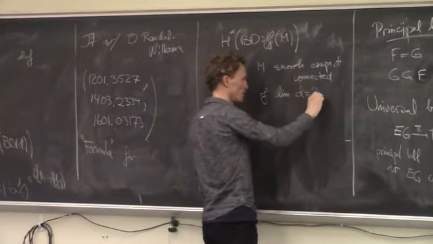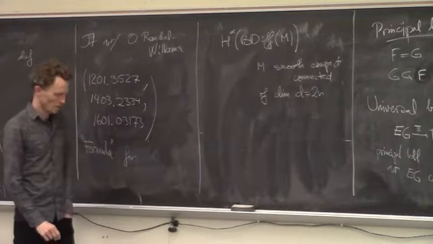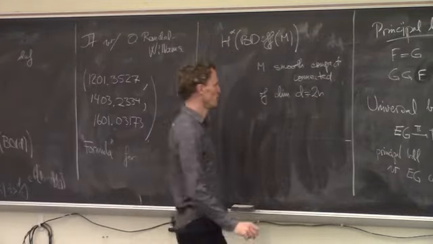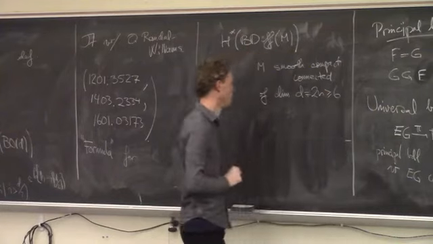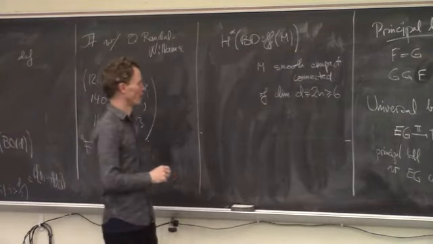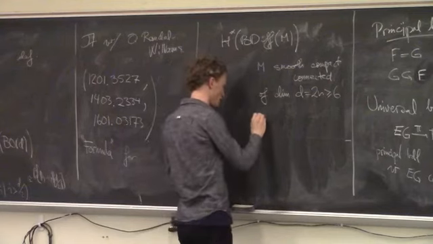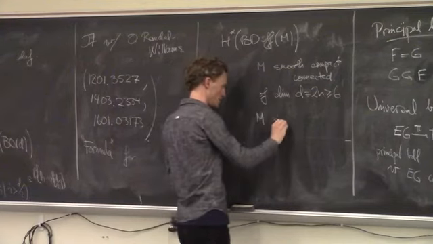The dimension is going to be 2 times n. Of even dimension, not 4, 2 is special, so let me say 6. Under some assumptions, namely M should be simply connected.